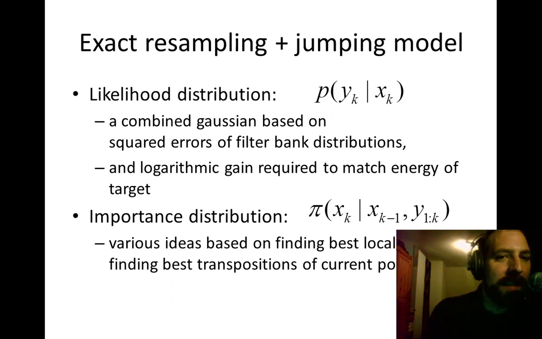Two ideas that I've tried are, given the current state, try to find the best transposition for the observation, and the other one is building an approximate nearest neighbors index and finding the best global state for the observation, and then jumping to that if you're jumping.